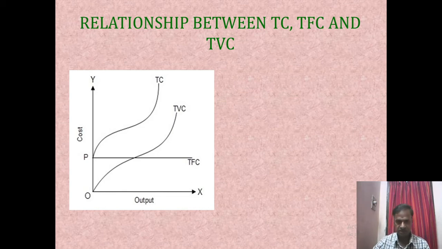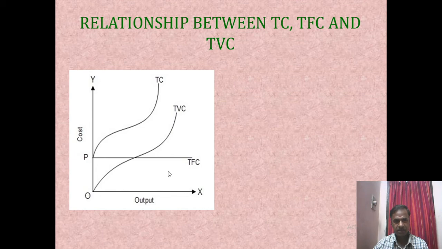On the x-axis we measure output and on the y-axis we measure costs. Firstly, the TFC. TFC is parallel to the x-axis and it is constant. At zero level of output, OP is the TFC.